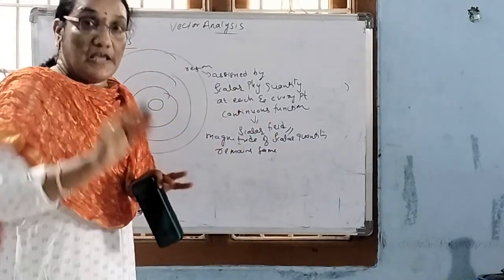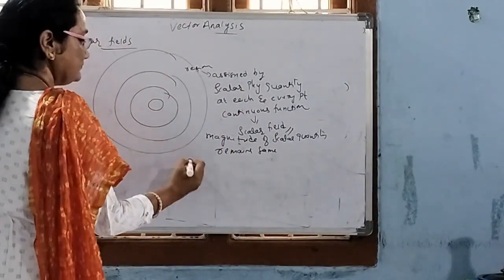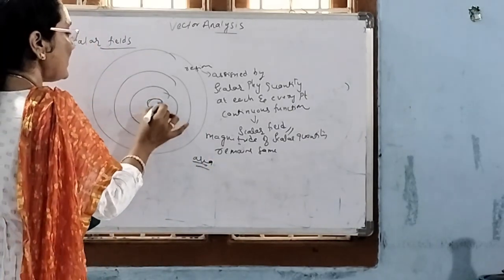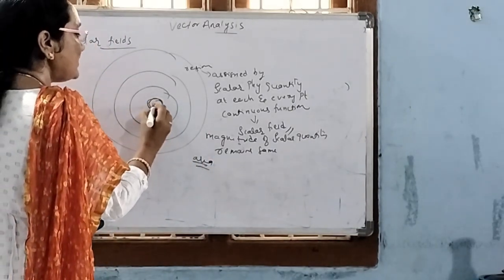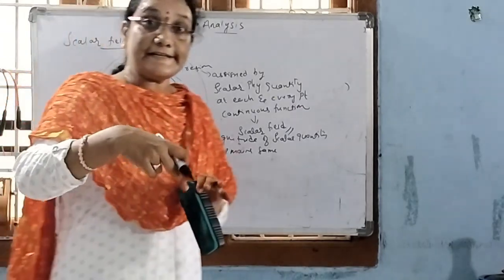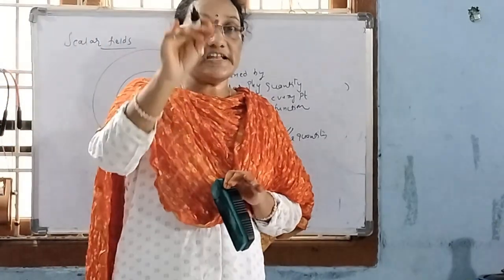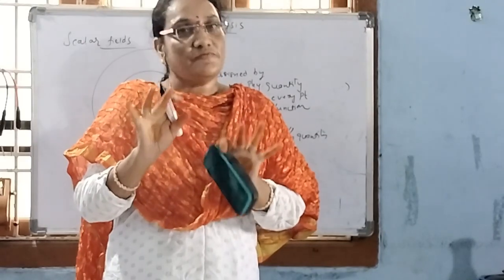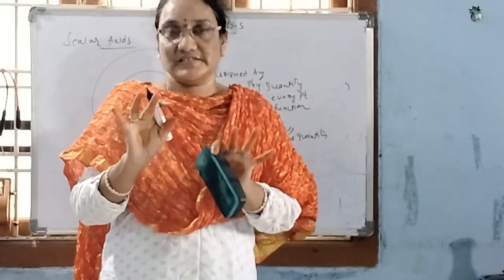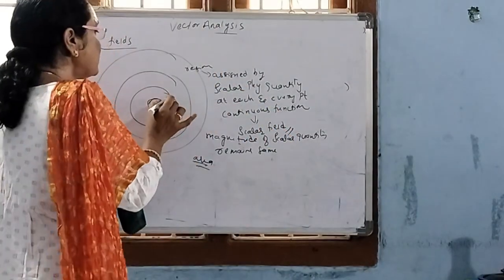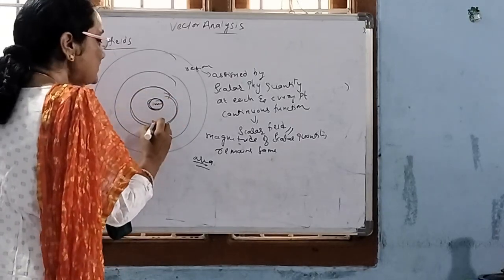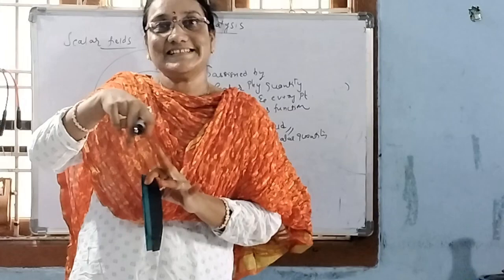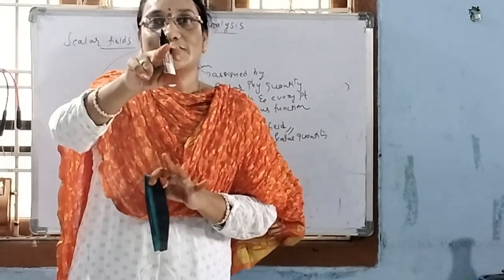If I take the example of area, on this surface, if the area is 1 meter square, then at each and every point throughout the entire surface you will find the same value. On the next surface the value may change, but throughout a given surface the value remains the same.